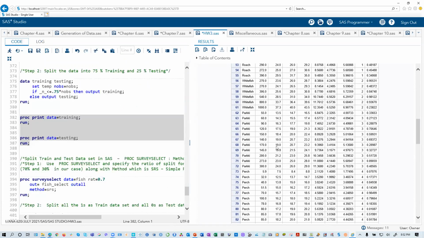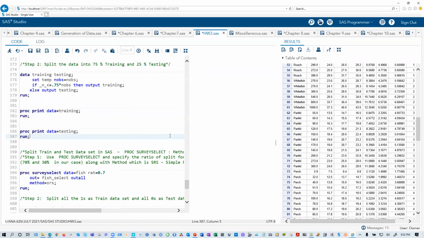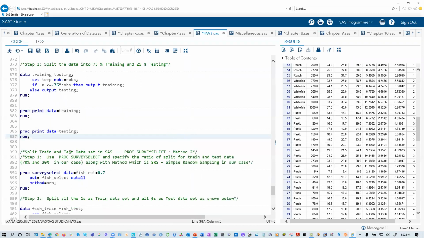For the second method, you can use this procedure: split the train and test data set in SAS using PROC SURVEYSELECT, method 2.